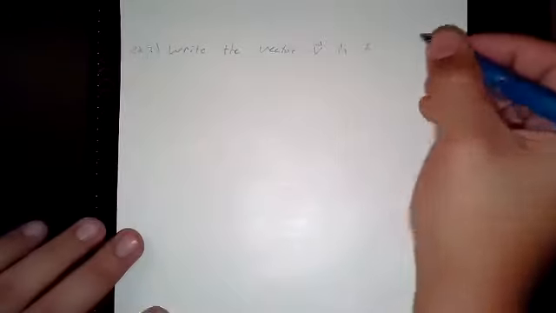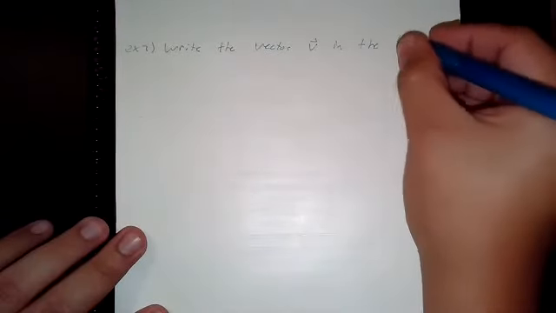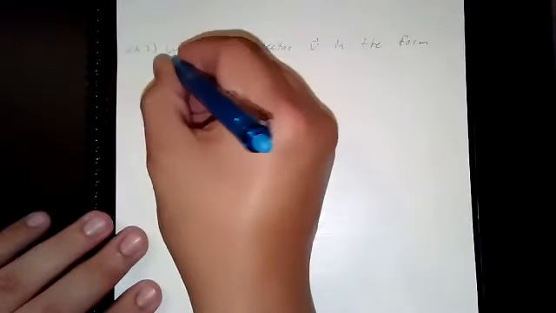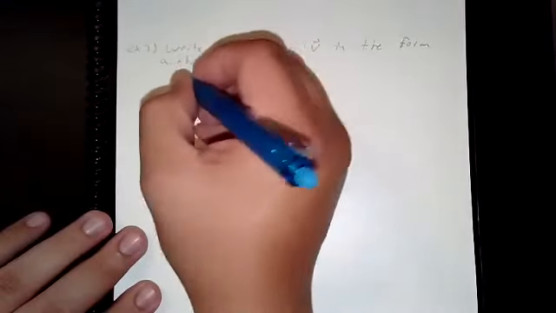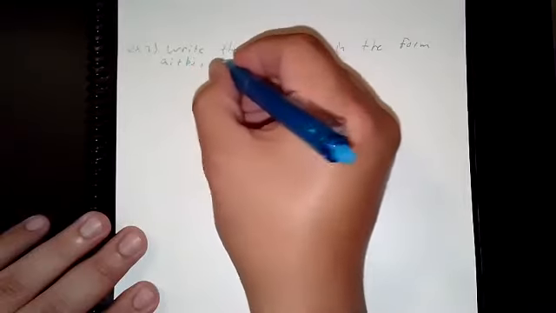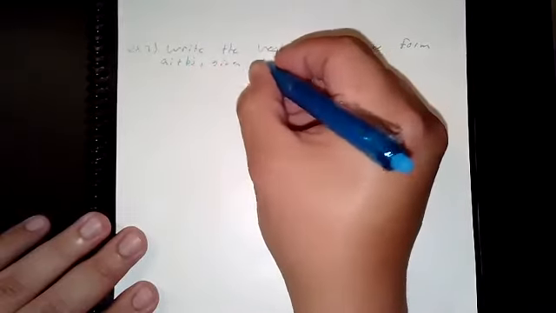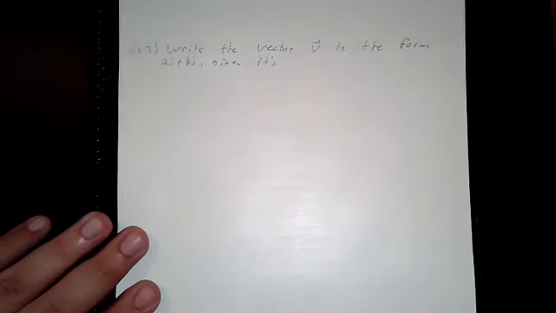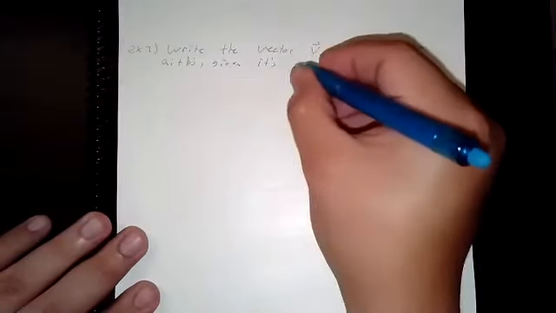Write the vector v in the form ai plus bj, given its magnitude and the angle, which we'll call alpha, it makes with the positive x-axis. Can you move the paper down, please? Yeah, there you go.